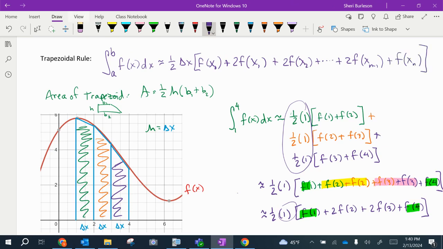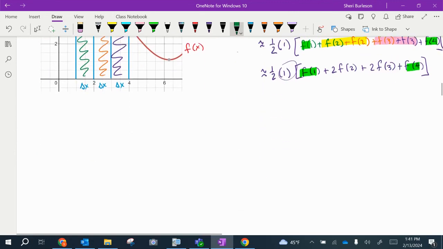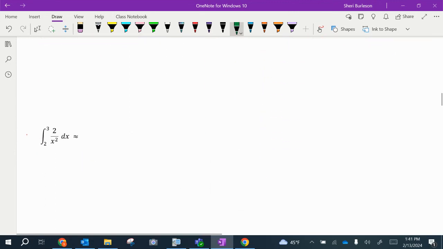Instead of a, let's call it x sub 0. X sub 0 was your a value, and x sub n was the b value, the end of your interval. So if I wanted to use a trapezoidal sum to approximate this integral, I need to know, let's do 4 subintervals again.